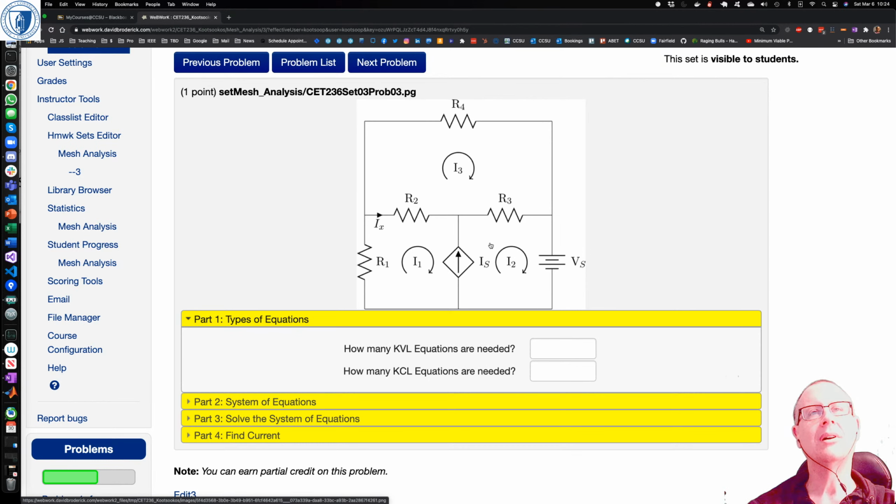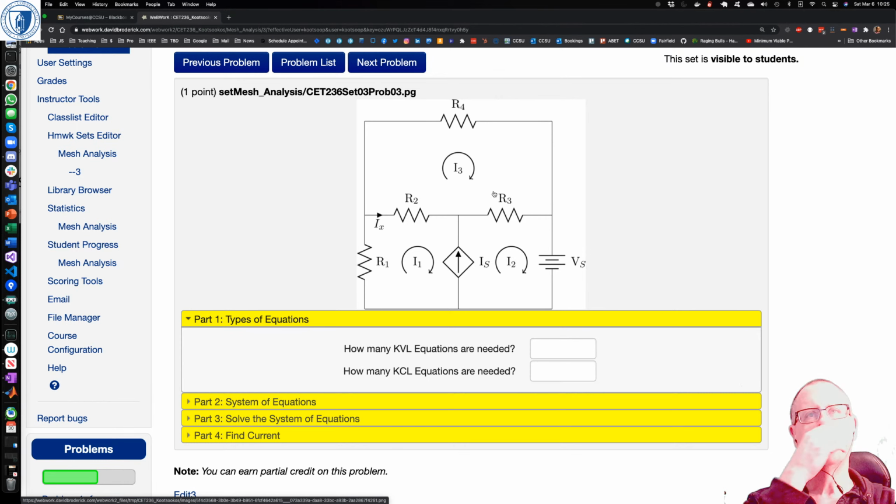Right? IS and I2 are going in the same direction through the current source. So I2 equals I1 plus IS.